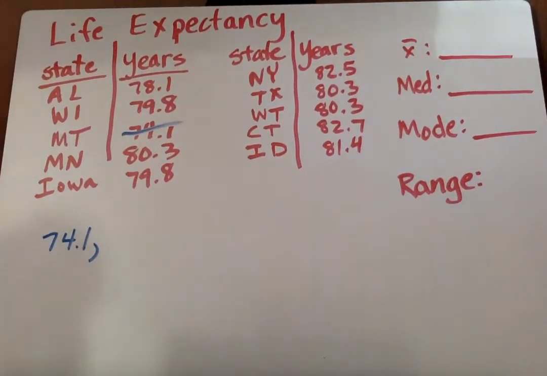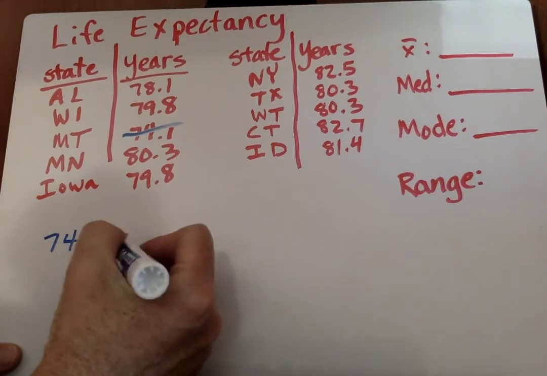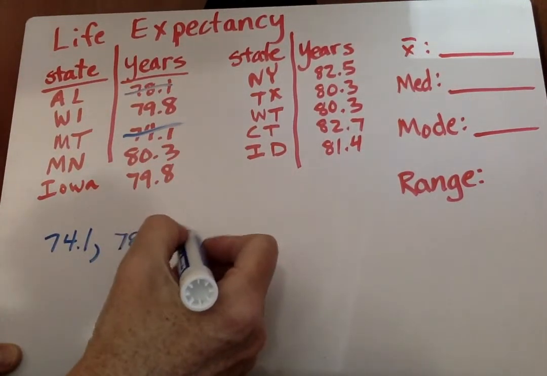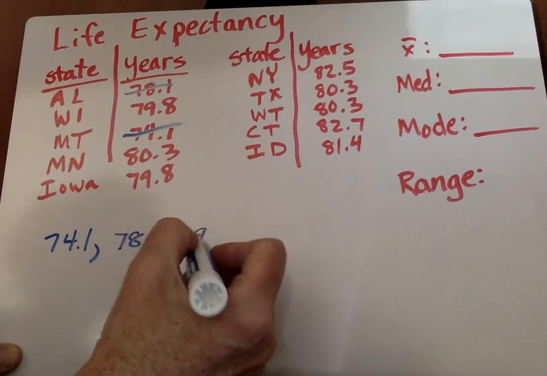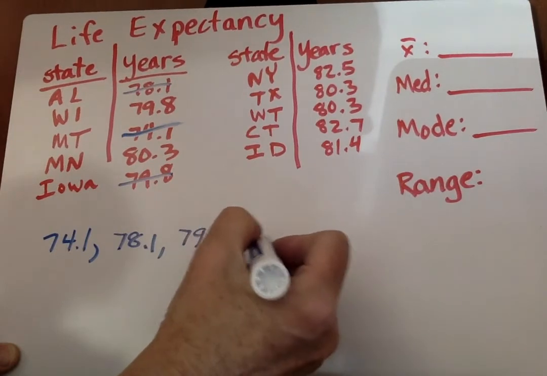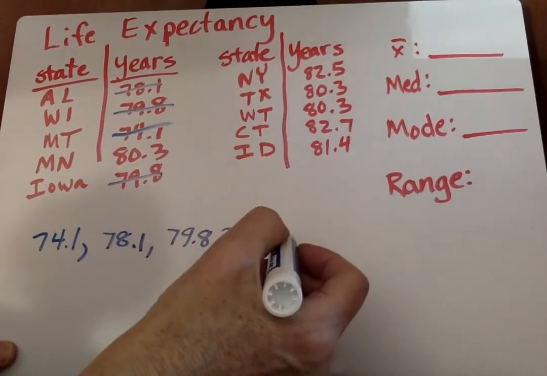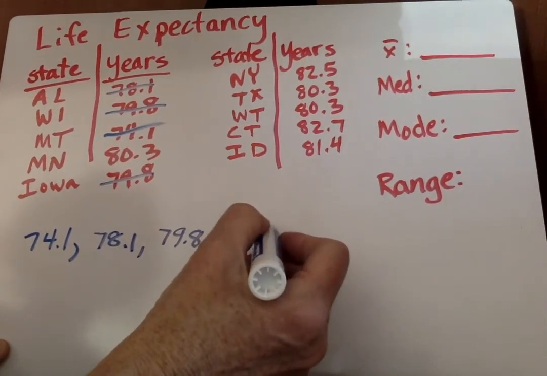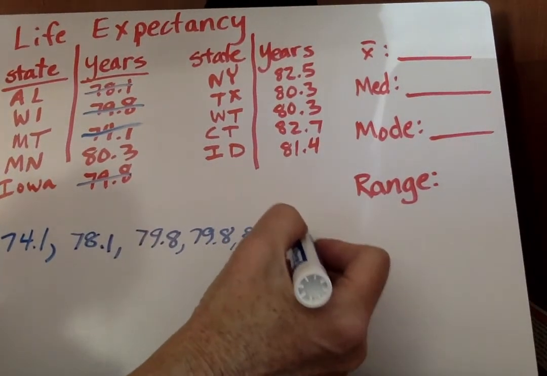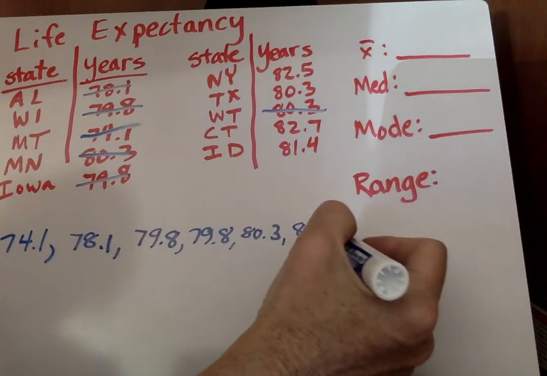So 74.1. Next, 78.1. 79.8. 79.8. 80.3. 80.3. And another 80.3.